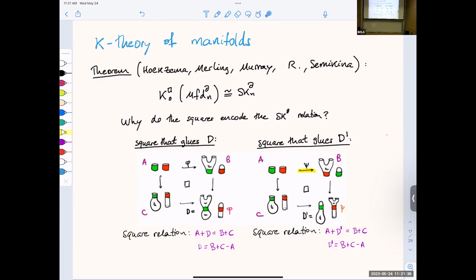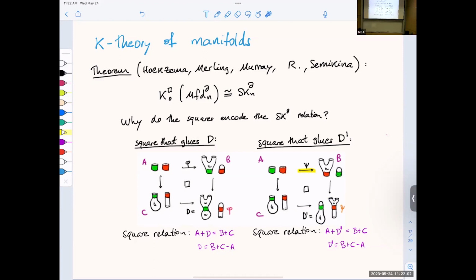Okay, now what about the other square on the right? Now the pieces are the same. How does the gluing go? The red is glued with the red, so I get this component, and the green is glued with the green, so I get this other component. You see the resulting manifold is different, but still I can establish the same relation: A plus D prime equals B plus C prime.